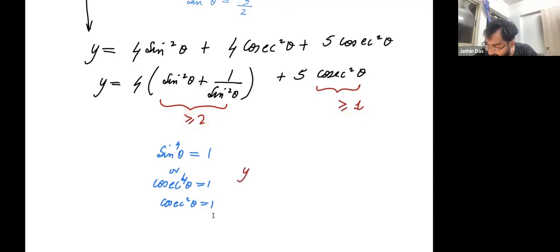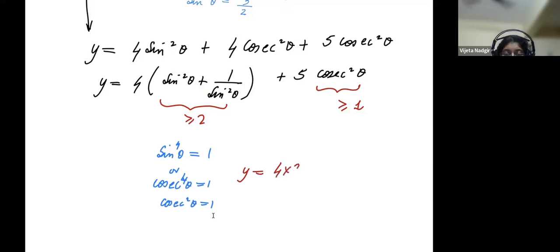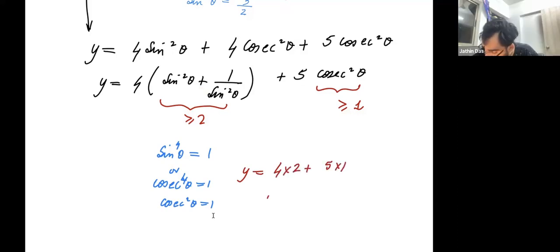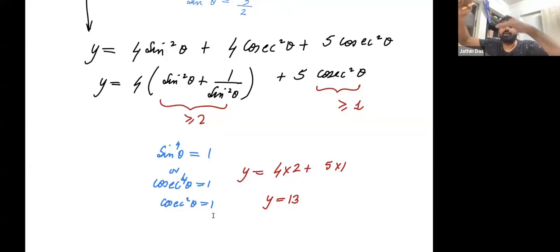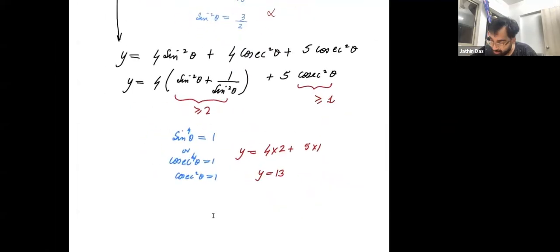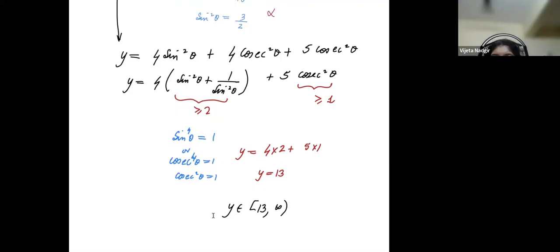So y is 4 into 2 plus 5 into 1, 13. Okay, 13. Now if the value increases, this value will be greater than 2 and this value will be greater than 1, so it will increase. So now you can see here the range is 13 to infinity.